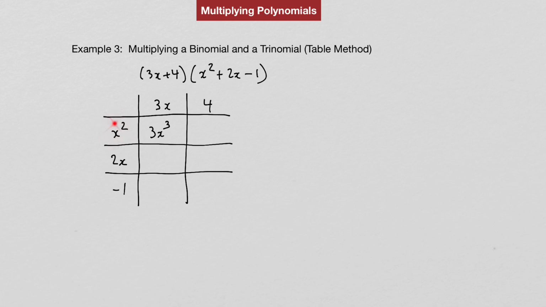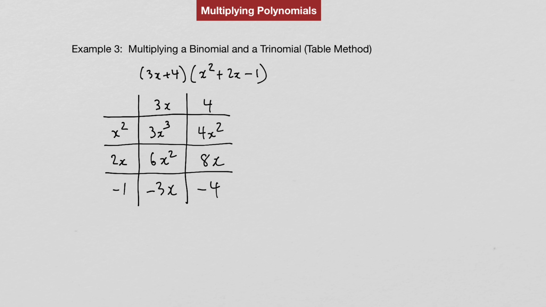Then x squared times 4 gives 4x squared. Then 2x times 3x gives 6x squared. 2x times 4 gives 8x. Then -1 times 3x gives -3x, and -1 times 4 gives -4.